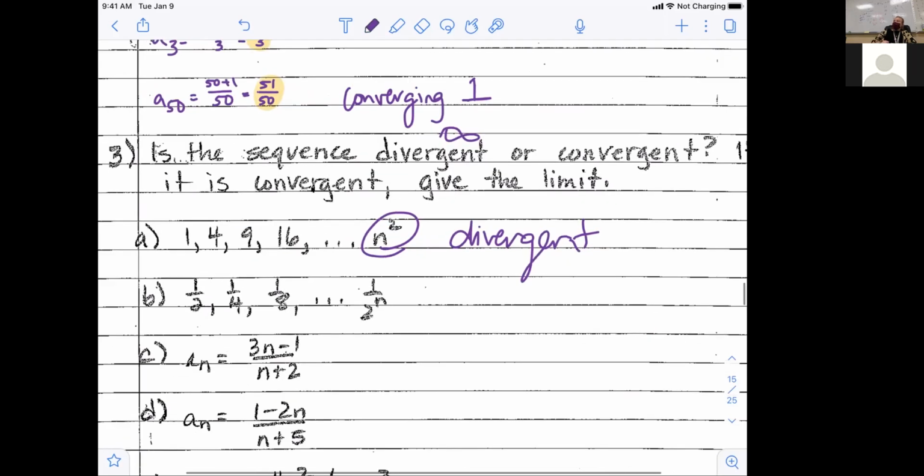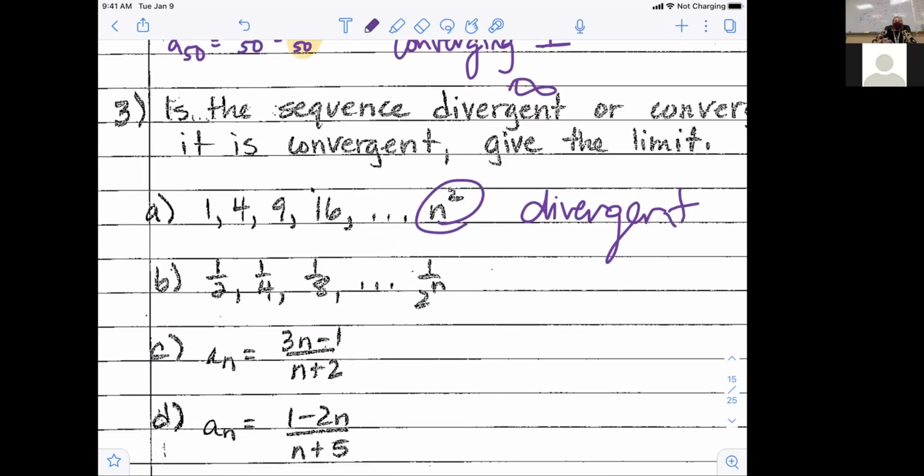What about letter B? I do 1/2, 1/4, 1/8. I'm essentially doing 1 over 2 to the nth. Is that getting bigger and bigger, or do you think it's approaching a number? It's approaching a number. What number is it approaching? Whitley? 1. Oh, I don't know if I want to say 1. I think it's getting closer to 0. So I had 1/2, and then I had 1/4. 1/4 is smaller than 1/2, right?